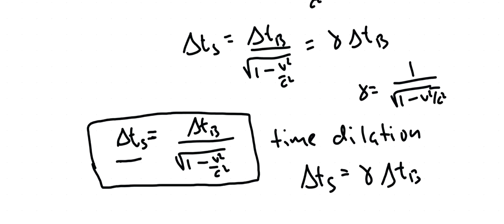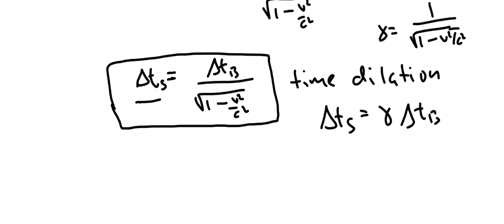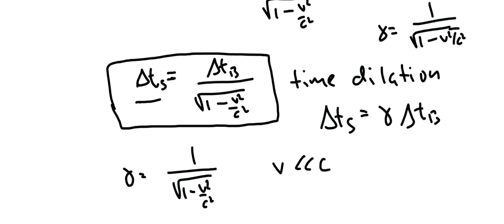Okay, now let us investigate gamma a little bit. Gamma is 1 divided by the square root of 1 minus V squared over C squared. In most realistic, everyday situations, the velocity v, the velocity of the bus, of course, is going to be much, much smaller than the speed of light.